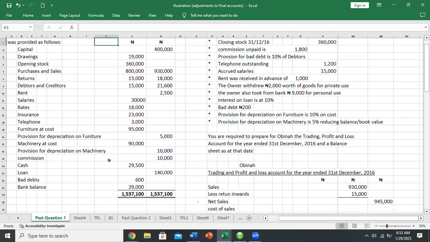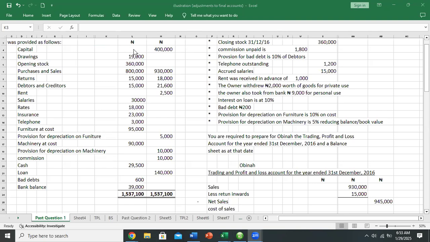So the old one is always given in the trial balance. If you check the trial balance and it is not there, it means the old is 0. Please listen to these words carefully and apply them when you see provision for bad debt. So consider old versus new. The old is the amount given in the trial balance.